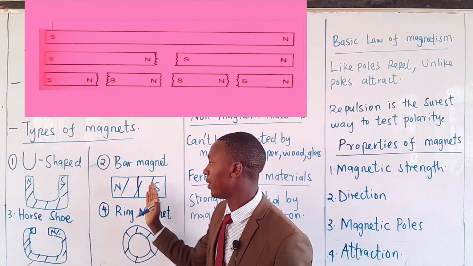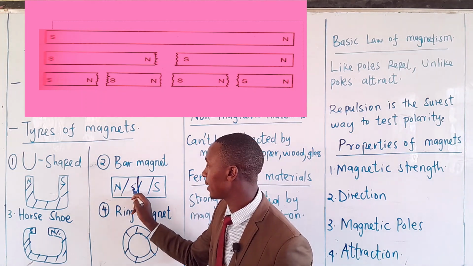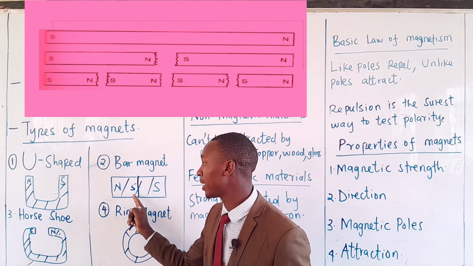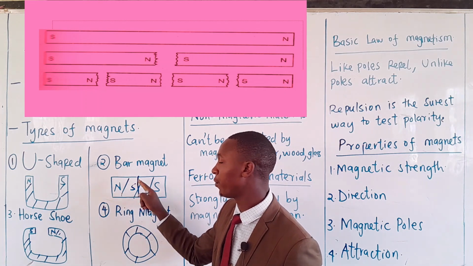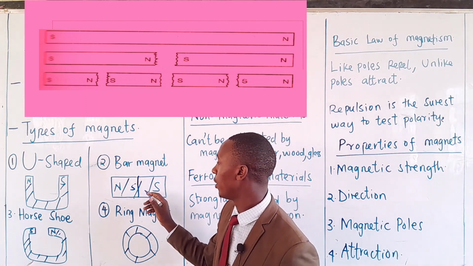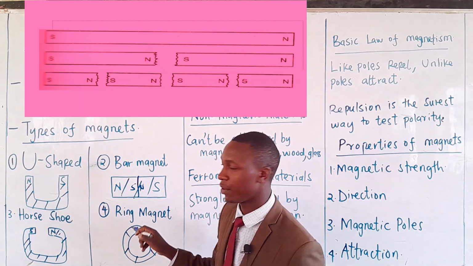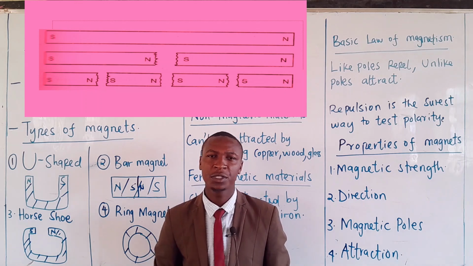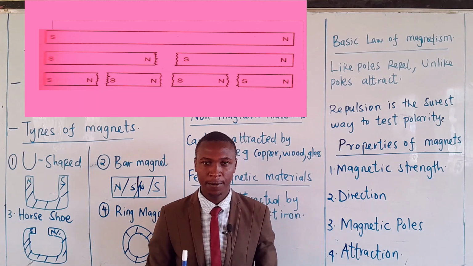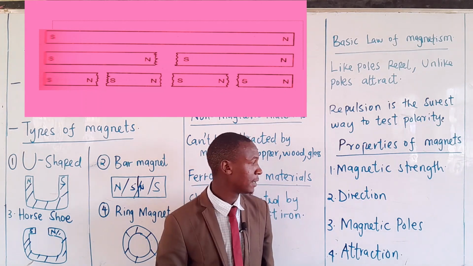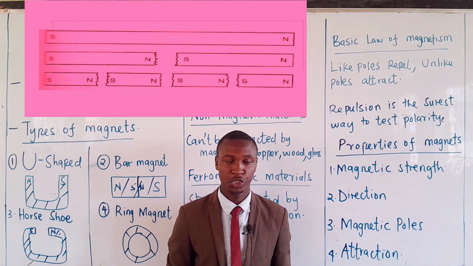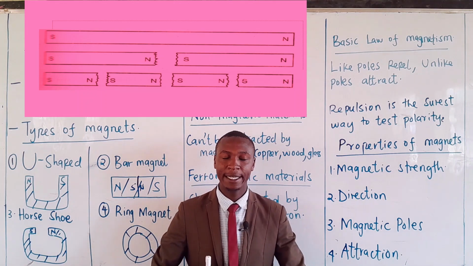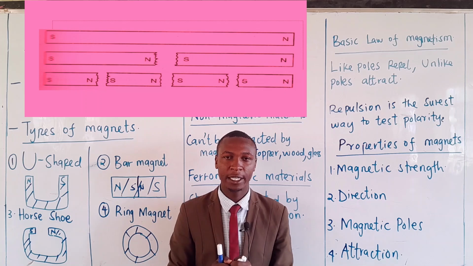For example, this piece is going to acquire a south here, so that we have a south and a north for this magnet. Also, this one is going to acquire a north, so that we have a north and a south for the other magnet. It's important to note that the polarities of a magnet lie at the poles, at the ends of a given magnet.